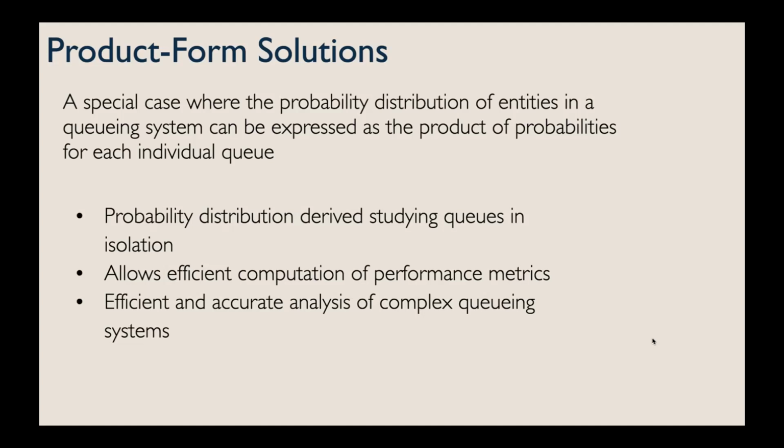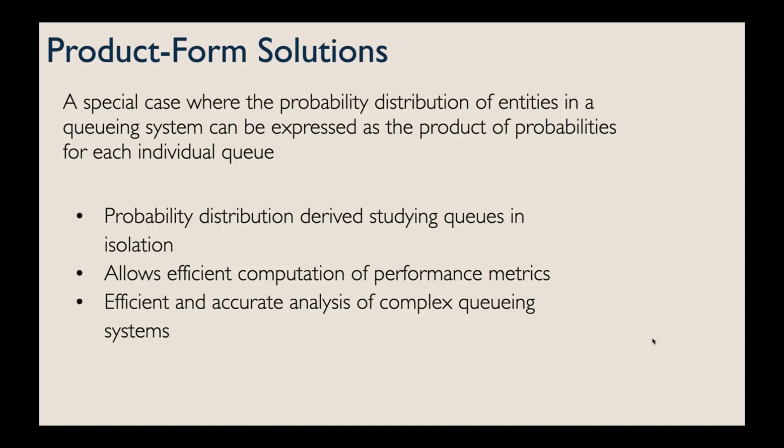The advantages of these particular solutions are that they enable us to study components in isolation, which is much easier than studying the whole complexity of the entire network. Then they allow the efficient computation of the performance metrics we just saw, and they give very accurate and efficient results.